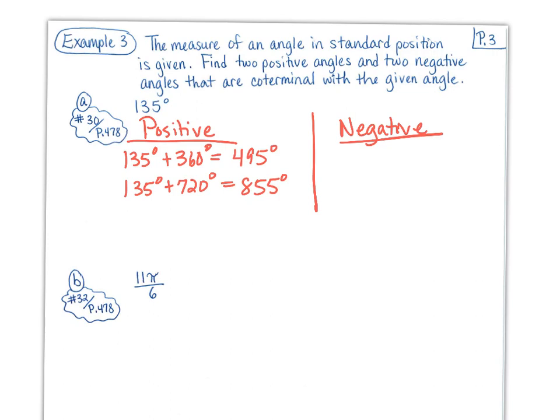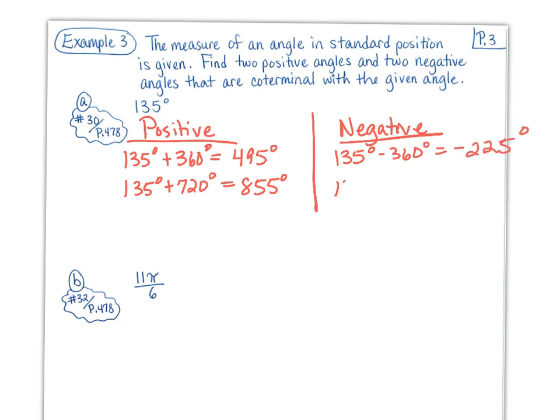So what two negative angles did you come up with? Negative 225 and negative 585. Good. Negative 225 degrees and negative 585 degrees are two. So you have 135 degrees minus 360. That gave you negative 225, as you said.